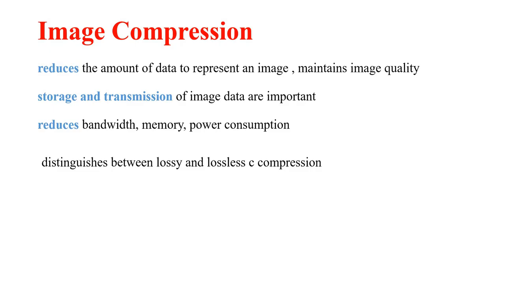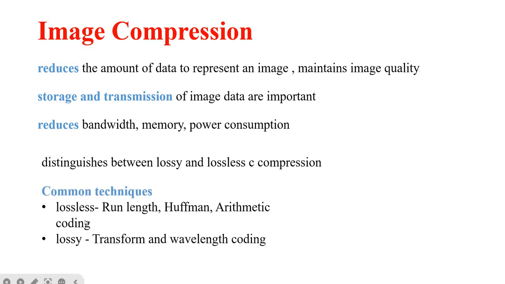The decompressed image will be an approximation of the original image but visually similar. Common lossless compression methods are run length coding, Huffman coding, and arithmetic coding, and lossy compression techniques are transform and wavelet coding.